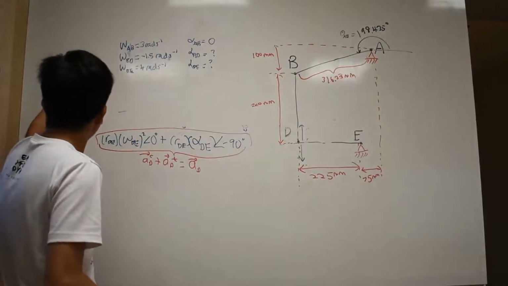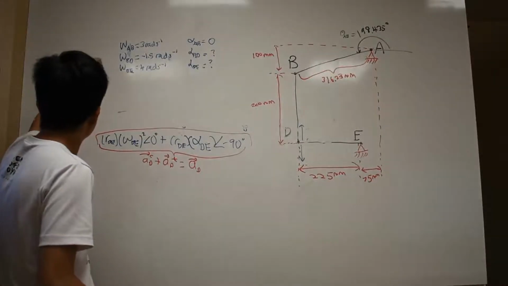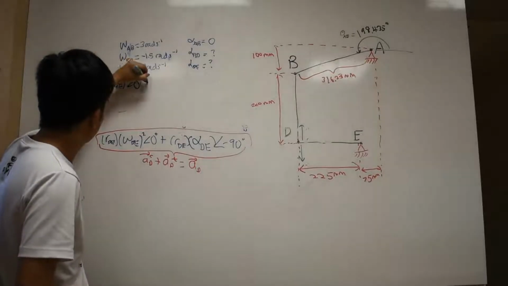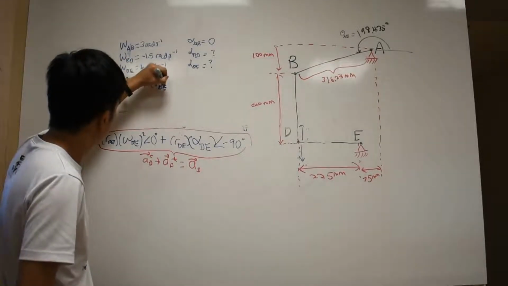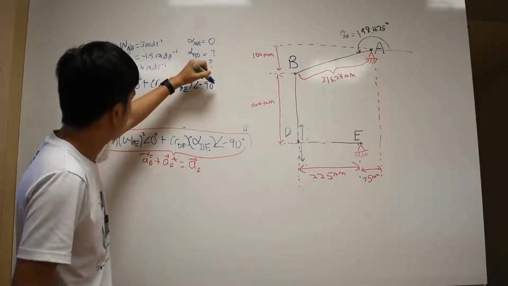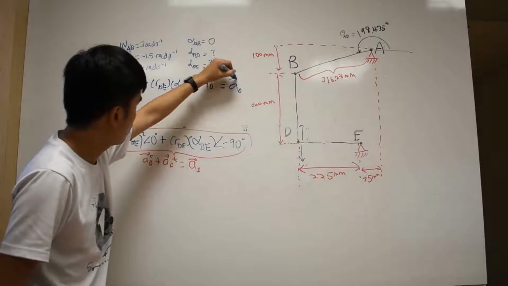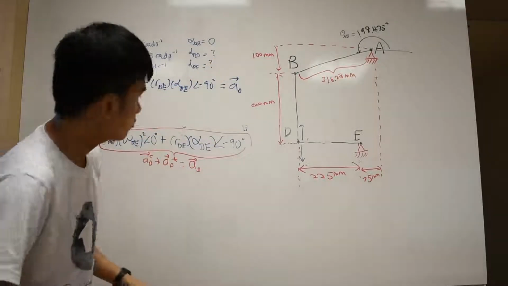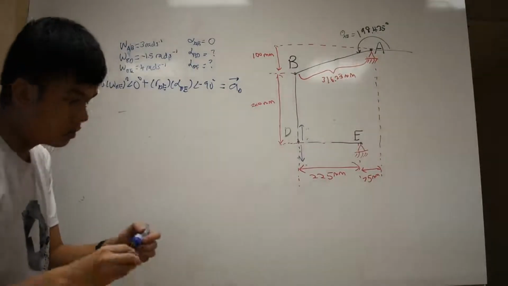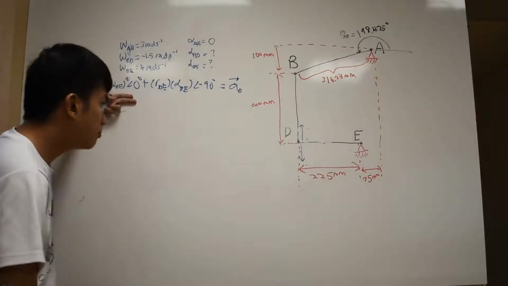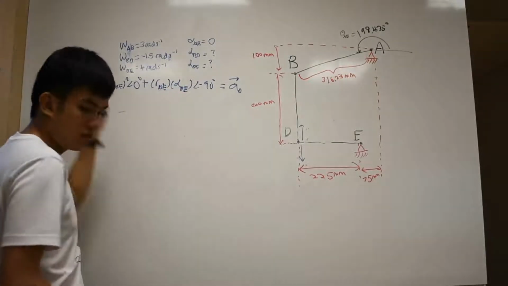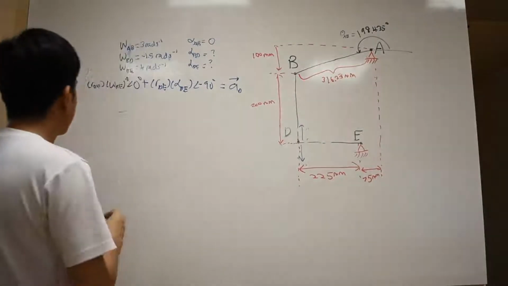So now I have RdE times omega dE squared, and this whole thing is equal to my AD. This part here is my centripetal acceleration, and this part is my tangential acceleration. So this is AD.